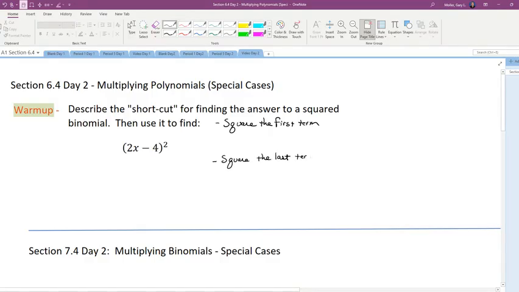I'm going to make extra note here that it will always be positive. And then the middle term is going to come from multiplying the 2 terms together and doubling.